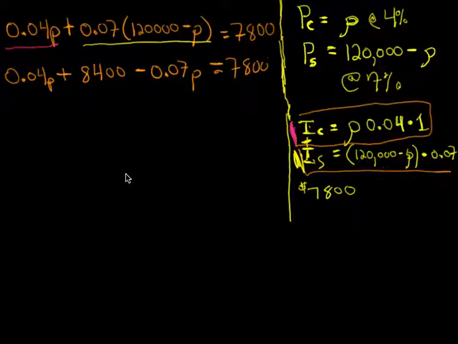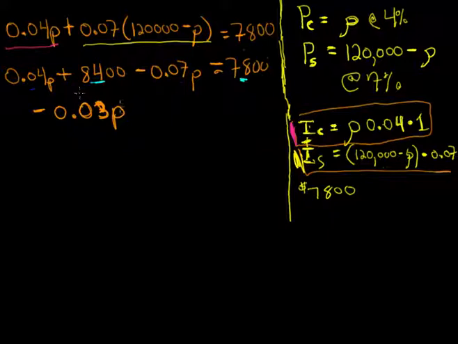I want to collect like terms. So 0.04 minus 0.07. So collecting like terms, I'm going to bring my p's together. This term and this term are going to combine, and that gives me negative 0.03p. And I'm going to bring this term and this term together.